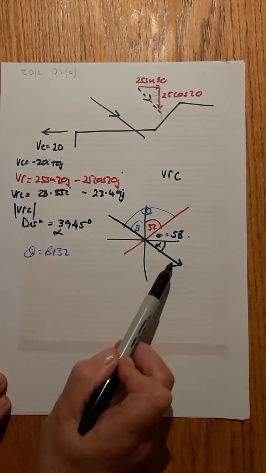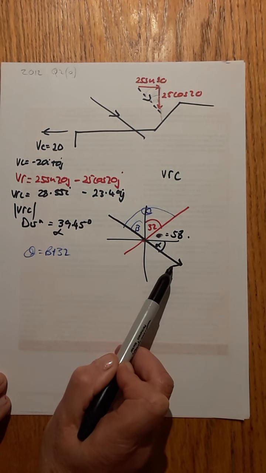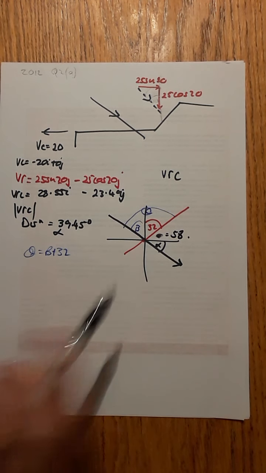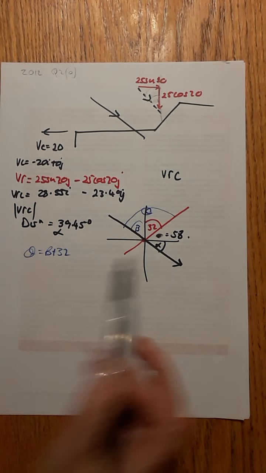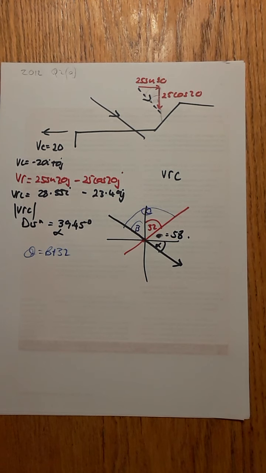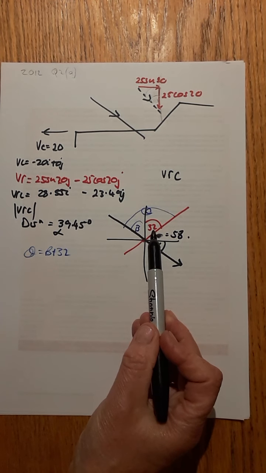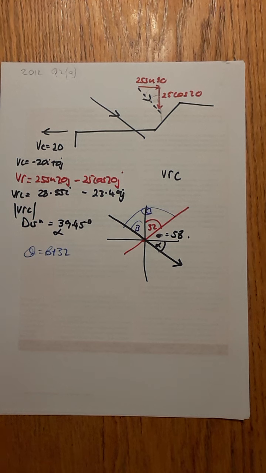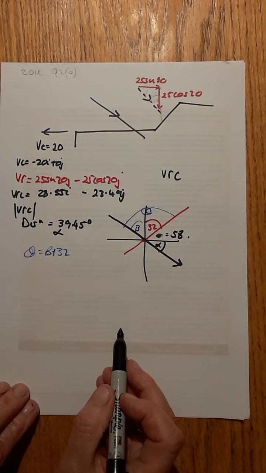This entire angle here will be 180 degrees. So alpha, which is 39.45, plus 58 plus 32 gives me 129.45. If I take that from 180, I end up with 50.55.